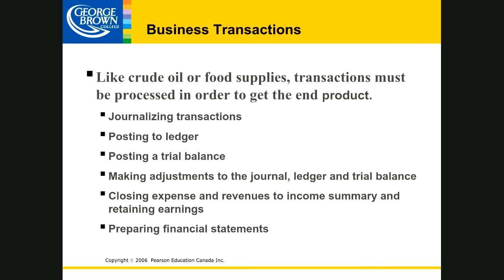After we take the trial balance, we make adjustments to the general journal and ledger by posting different adjusting entries, and then retake the trial balance just to make sure everything's still balancing. We then do our closing entries, so we close our expense accounts and our revenue accounts to income summary and retained earnings. After we've done that, we've identified how much our profit is and the ending balances of all our accounts. We can start to prepare our financial statements.